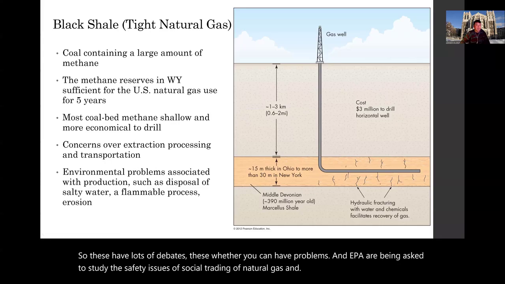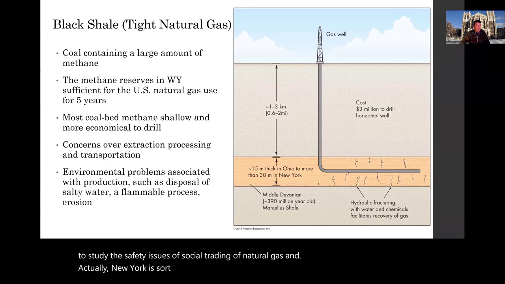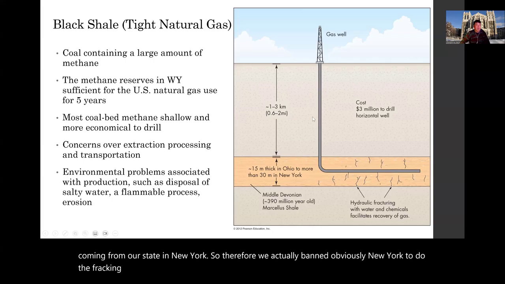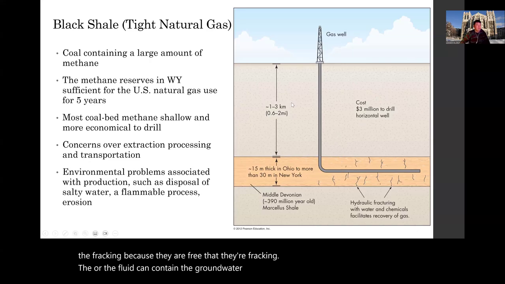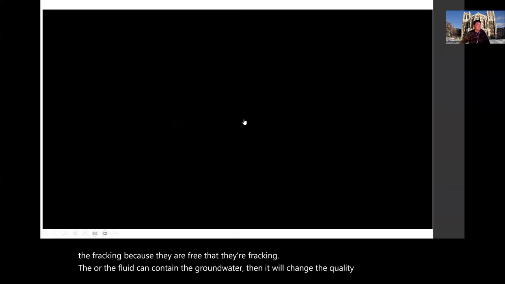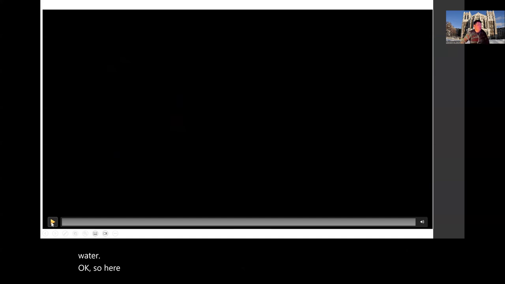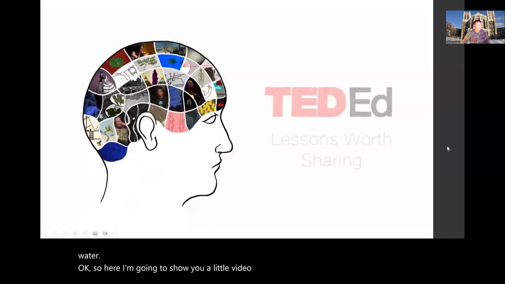Actually, New York has sort of banned it in upstate New York, because our water supply actually comes from upstate New York. So we banned fracking in upstate New York, because they are afraid that the fracking fluid can contaminate groundwater and change the quality of our drinking water. Okay, so here I'm going to show you a little video about fracking.